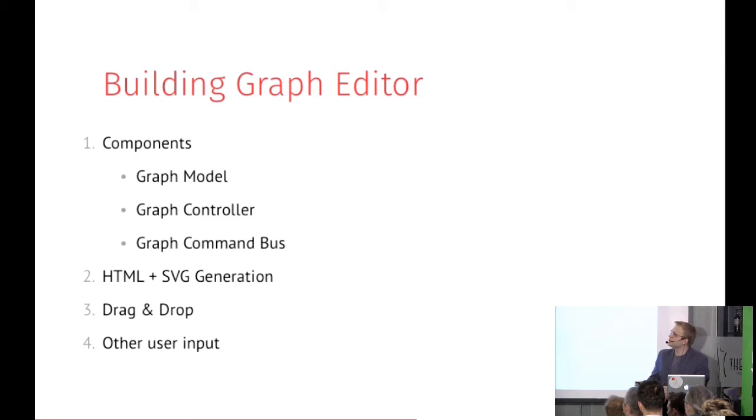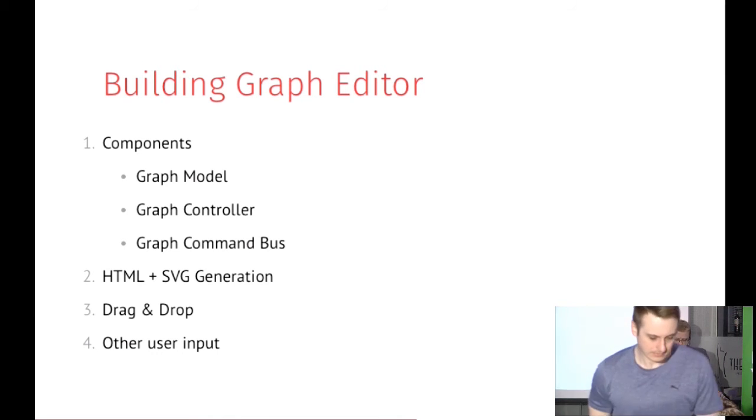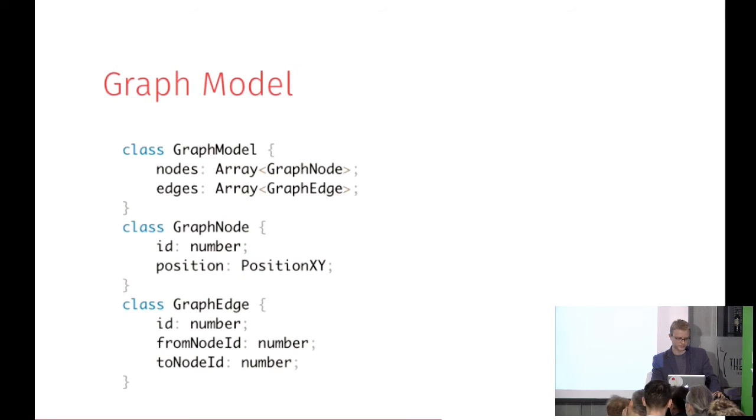So the controller will be able to send commands to the command bus to change the model, for example, add a node or change a node position. Later I will show how HTML and SVG are generated, how drag and drop is implemented, and how other inputs are handled, for example keyboard input.